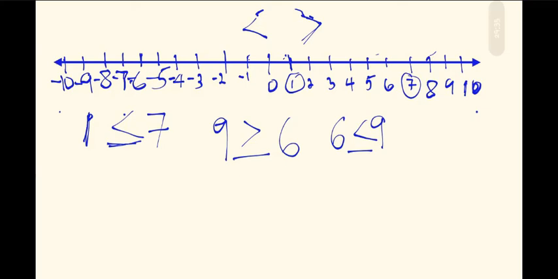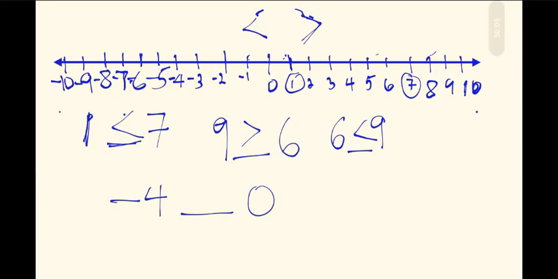Let's try another example. -4 and 0. So -4, from the number line, -4 is less than 0.